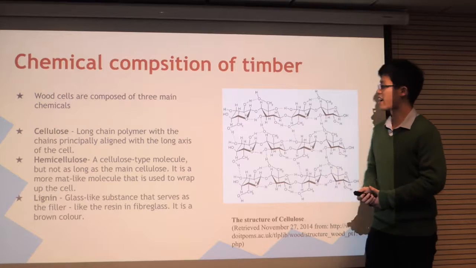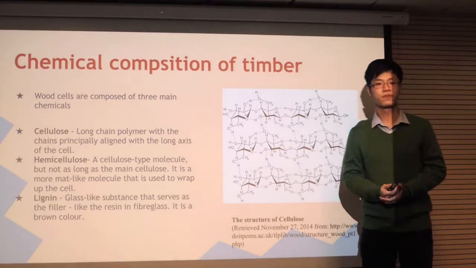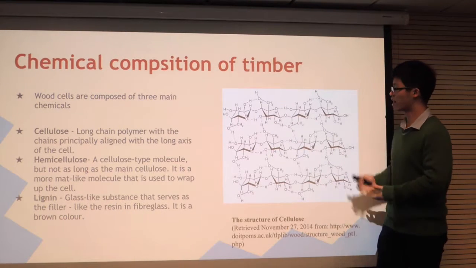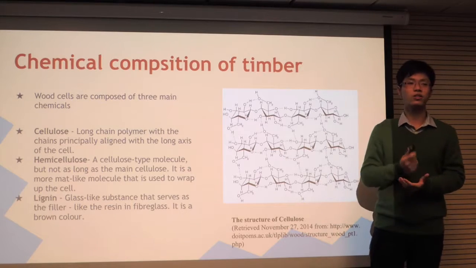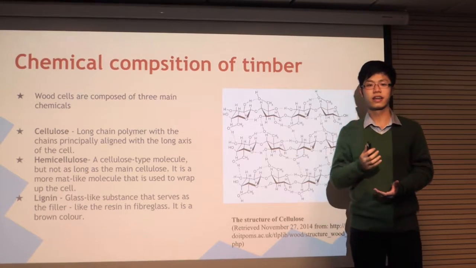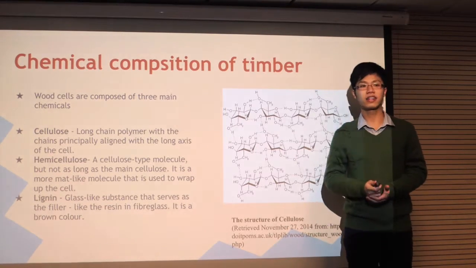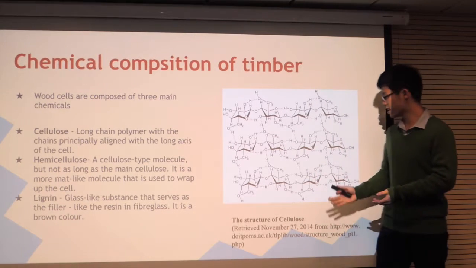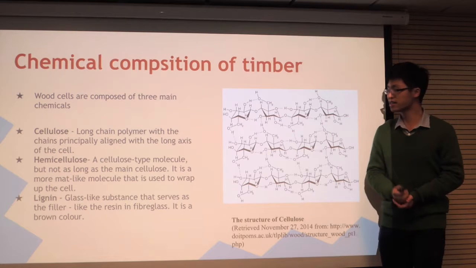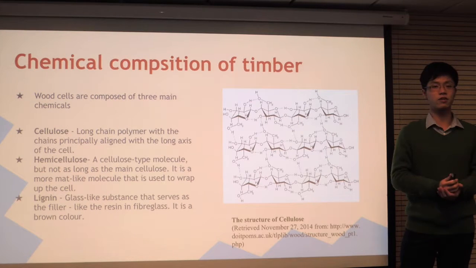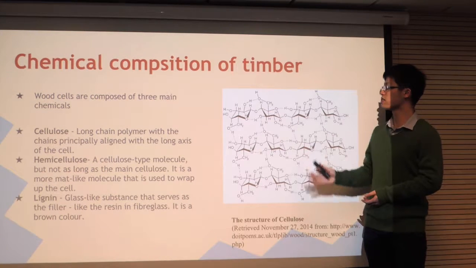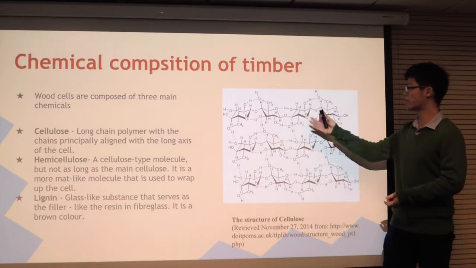And wood cells are composed of three main chemicals. The first one is cellulose. It is a long-chain polymer with the chains principally aligned to the long axis of the cell. Here is the structure of cellulose. You can see that there are three hydroxyl groups at positions C2, C4, and C6.